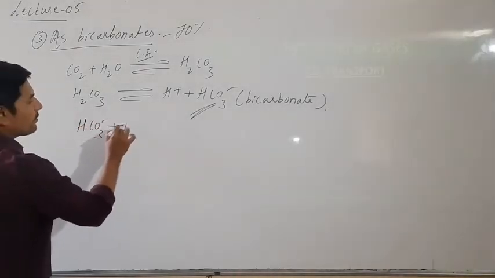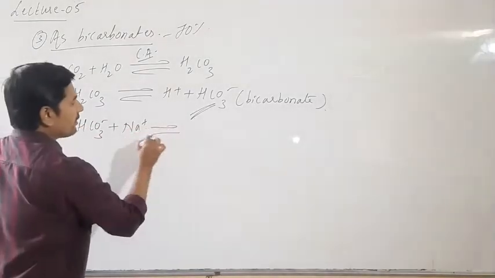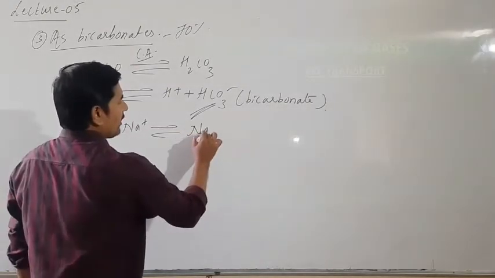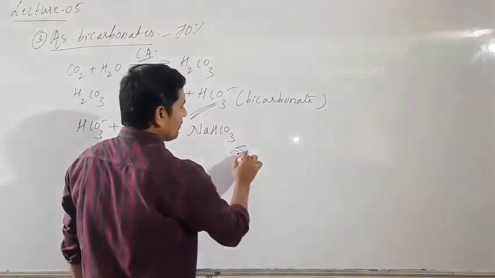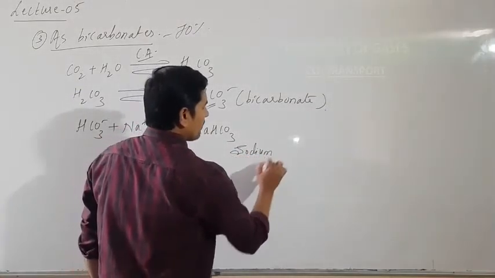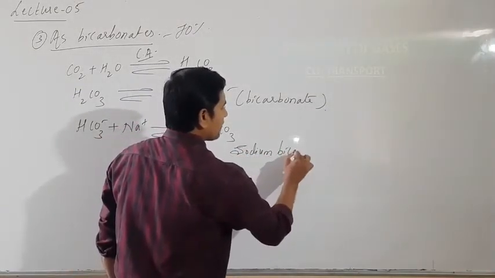Now this HCO3 will combine with the sodium and potassium ions. HCO3 combines with the sodium ions to form into NaHCO3. This is called as a sodium bicarbonate.